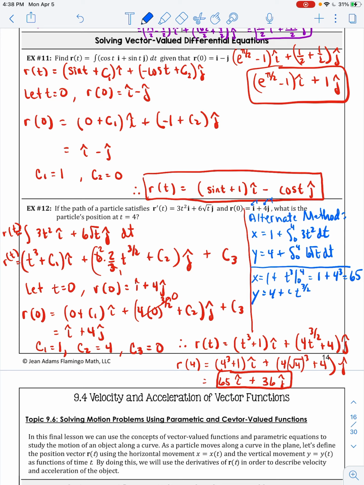And then 6 times 2/3 we said was 4. That from 0 to 4. So 4 plus, and square root of 4 is 2, to the 3rd power is 8, times 4 is 32. So that would be 36. Giving you your r of 4 equals 65i plus 36j.